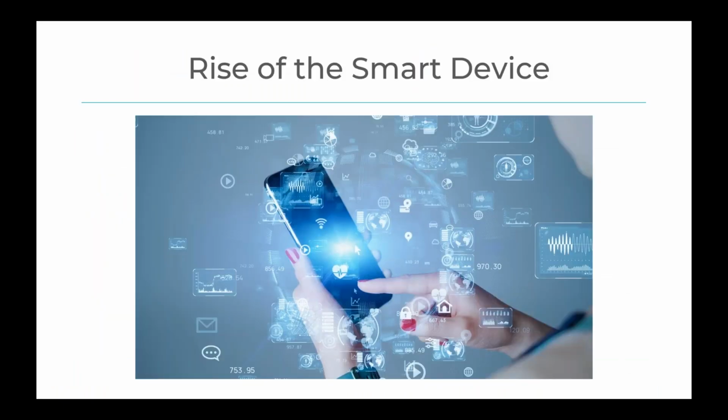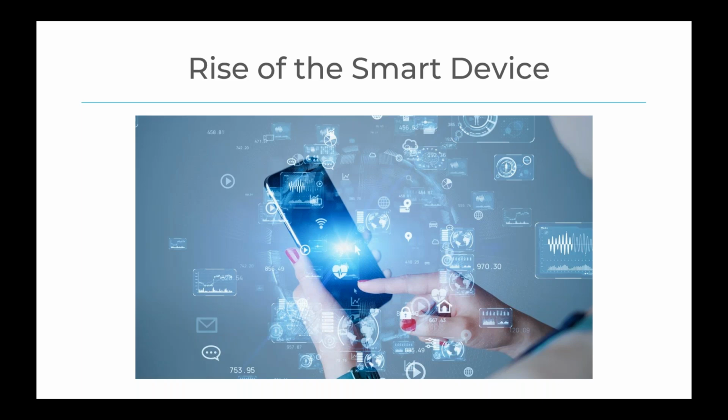Another example of some of the coefficient changes that make intuitive sense are around the rise of the smart device. From the 2012 to 2017 period, we saw a massive spike in popularity of goods like the iPhone and Android smartphones and smart TVs.